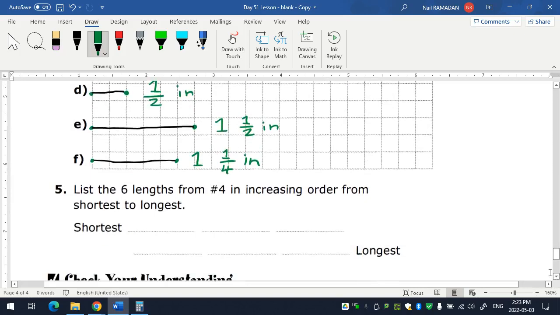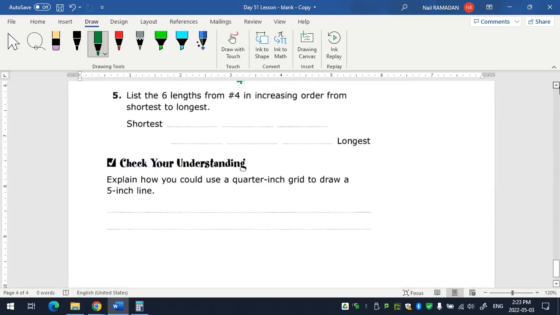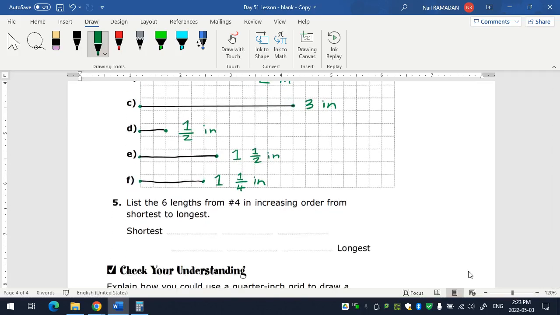Okay. List the 6 lengths from number 4 in order from the shortest to the longest. So the shortest one was what? Half an inch.